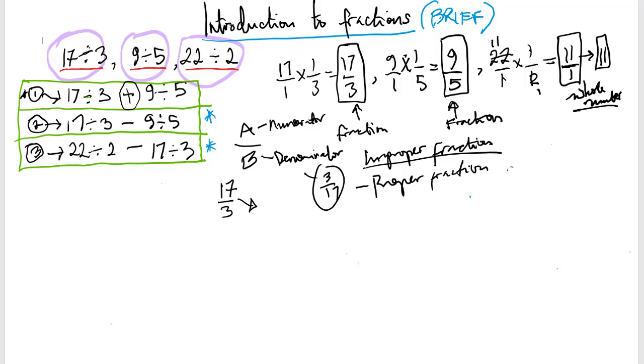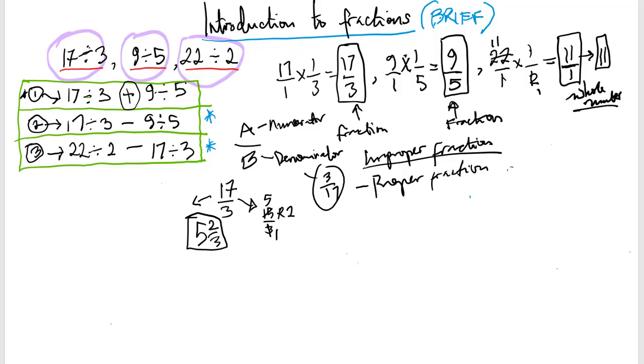So 3 can go in 17 5 times. So that's like saying 15, remainder 2. Because 3 is a multiple. So you have 5, so this gives us 5 remainder 2 over 3. Okay.